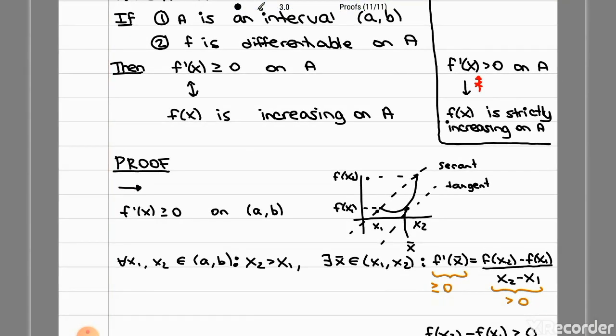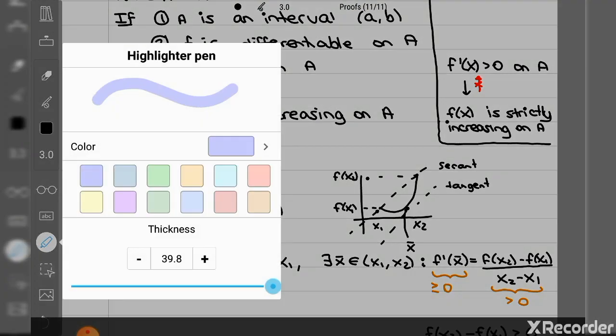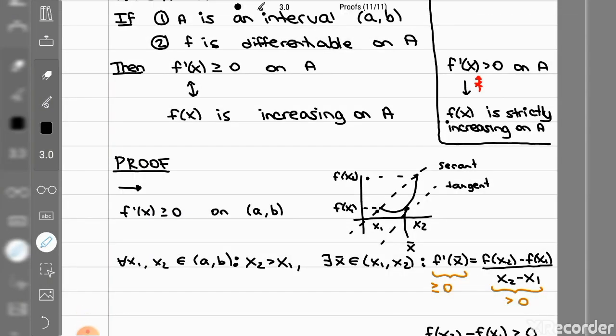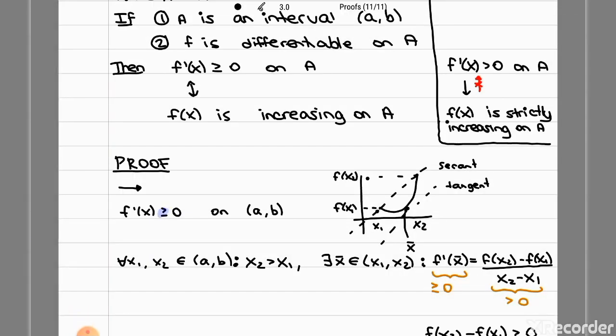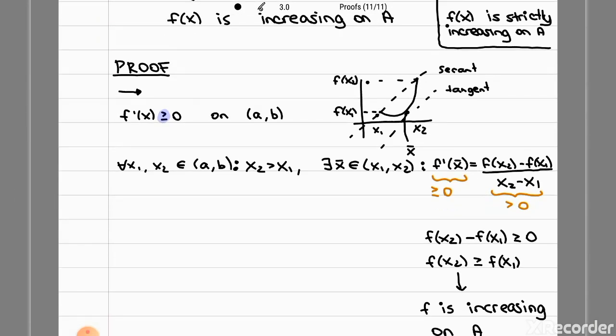So you're really going to do exactly the same thing you did before, except that you're going to change the sign slightly. So this here will become a bigger than sign instead of a bigger or equal to sign, which is also going to affect this, and this, and this.